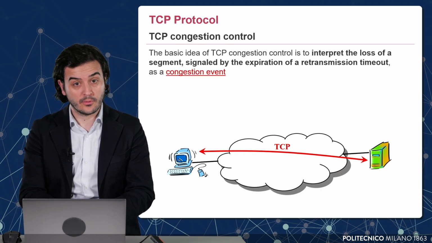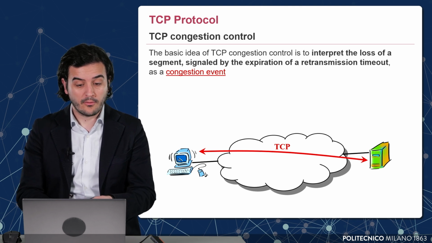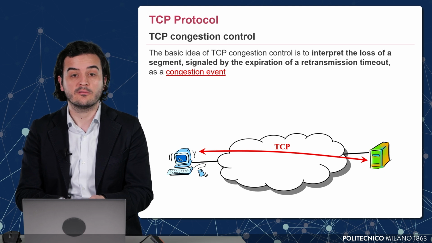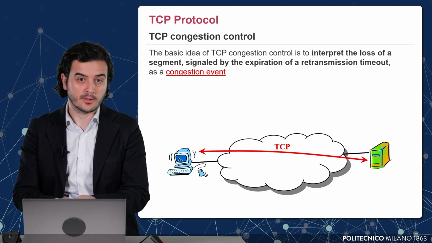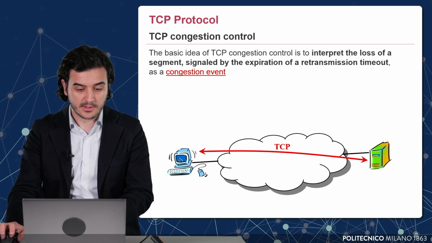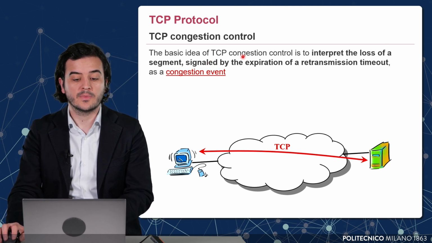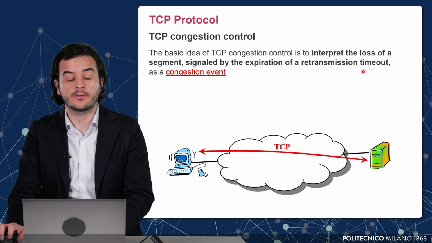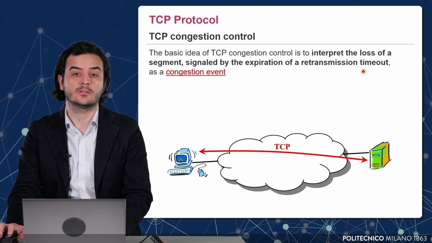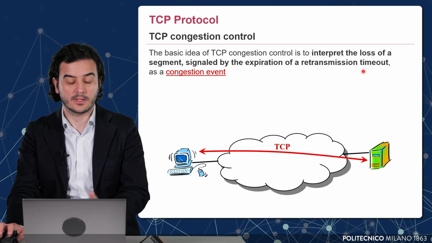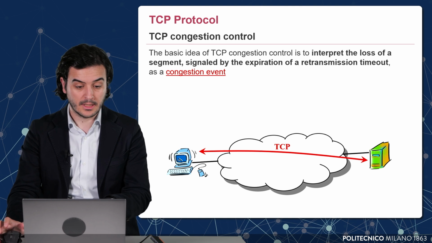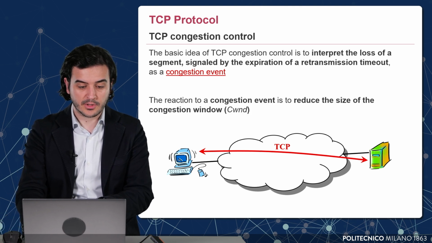We defined before what a congestion event is. Formally, we can say that a congestion event will happen when we have a loss of a segment, because packets at the transport layer are referred to as segments. If there is a loss of a segment and then a timeout happens because the receiver has not sent an acknowledgement within a given amount of time, then we say that we are experiencing a congestion event.